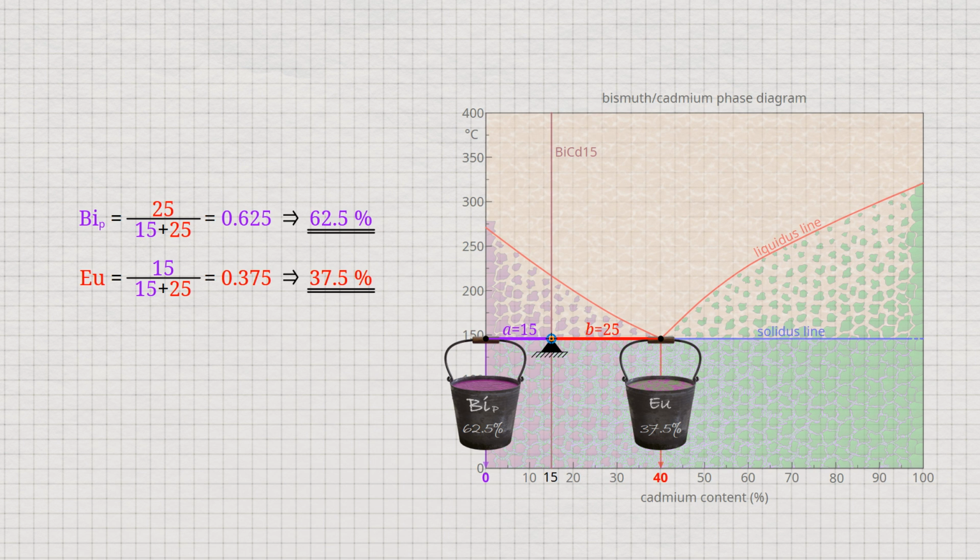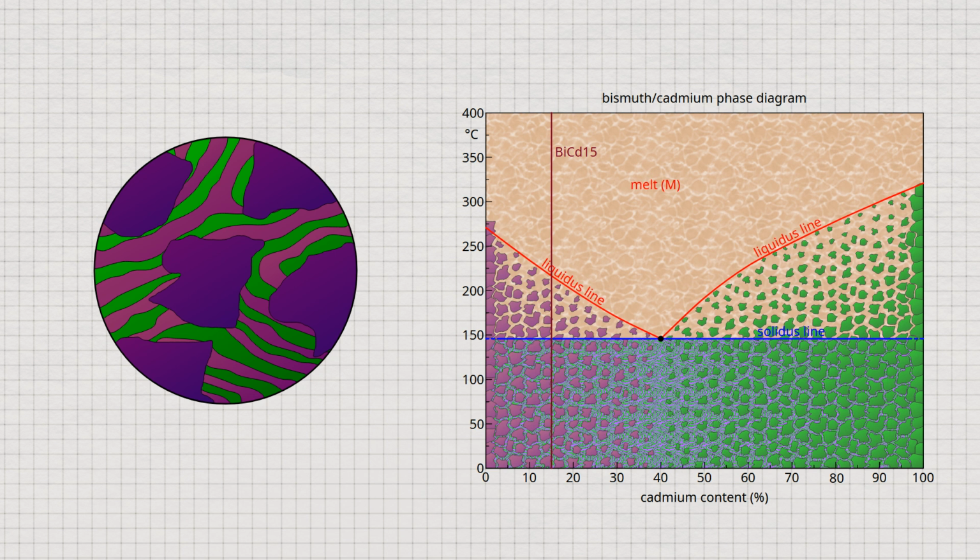So note, to determine these microstructure fractions in the solidified state, the distance between the state point and the eutectic point must therefore be used as the lever arm. In this context, the difference between phase and microstructure is very important. A phase is a state of a substance characterized by a uniform chemical and physical structure. A microstructure, on the other hand, refers to regions with specific physical properties that can be defined microscopically, such as individual grains.